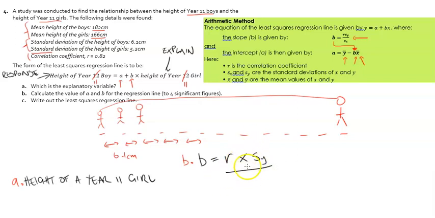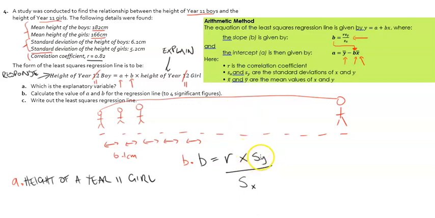So just including the multiplication sign. This is saying that b is equal to our correlation coefficient r, which was given here, multiplied by the standard deviation of y, s being standard deviation, and the subscript just meaning that little part of it on the bottom right of it of y.